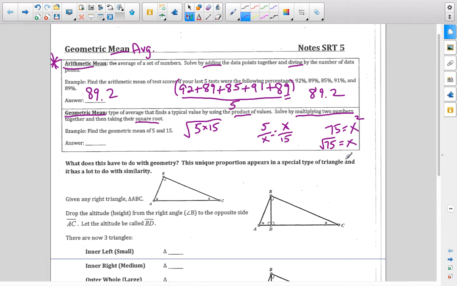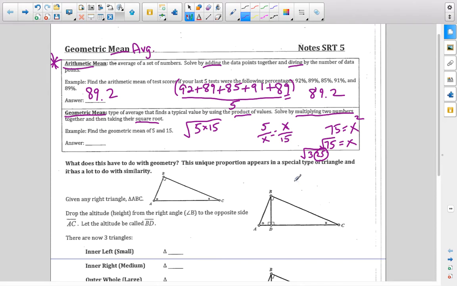And thank goodness we know how to simplify radicals now, because I'm thinking, okay, what perfect square is a factor of 75 or goes into 75? So if I have 75 cents, it might look like this. I might have 3 quarters. 3 times 25. 25 is in my perfect square list, and I do know the square root of 25.